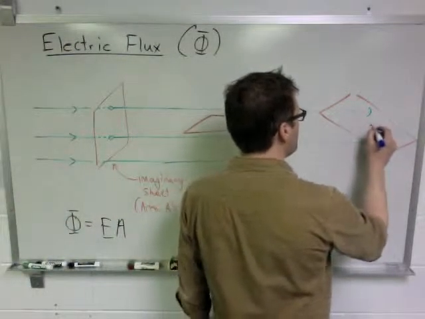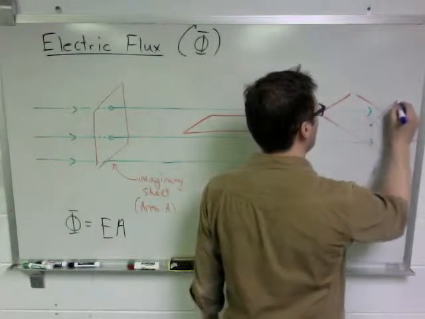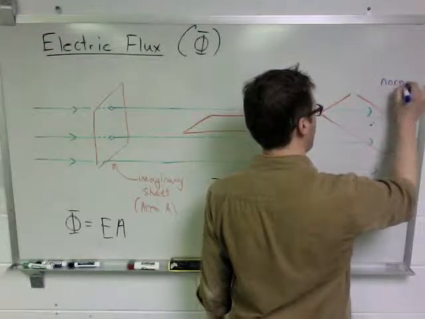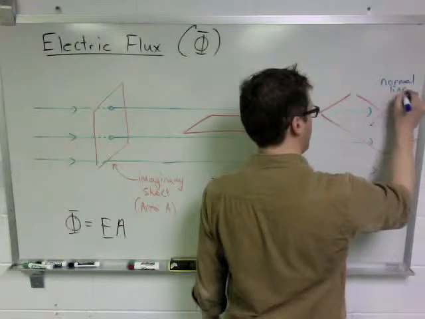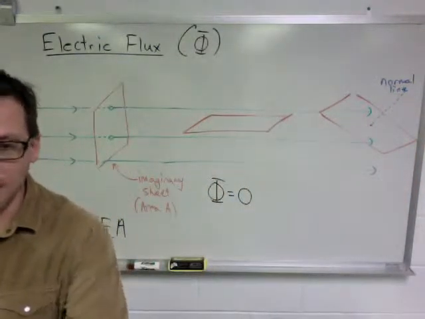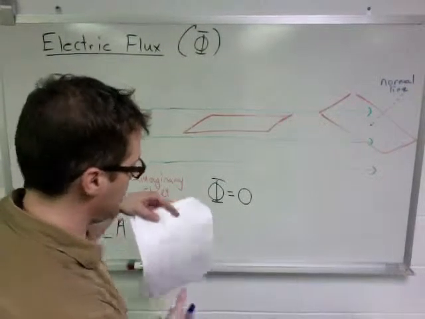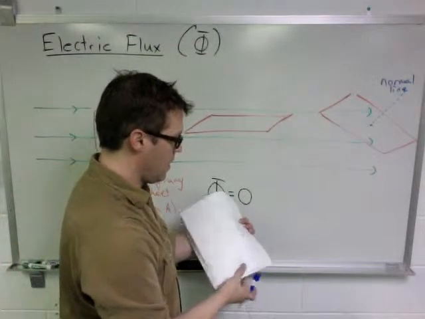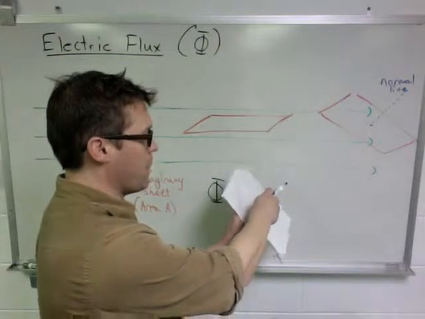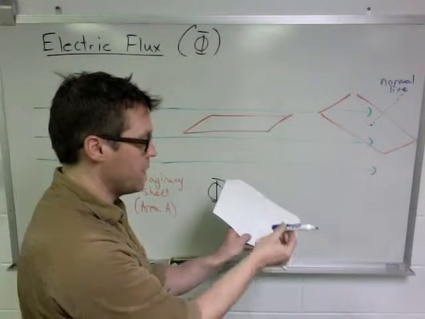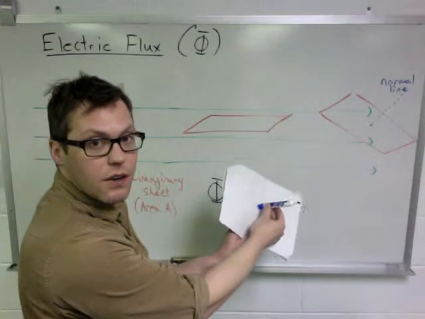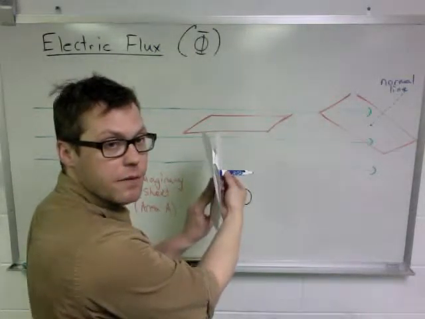going to be measured between something that I'm going to call the normal line. Now, a normal line in this context is just going to be an imaginary line that's perpendicular to my imaginary surface. So like this pen, perpendicular to the surface, right?